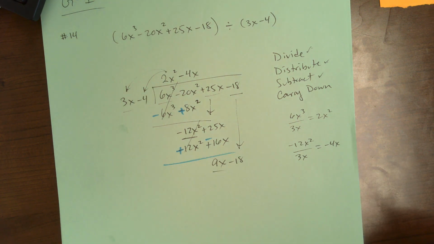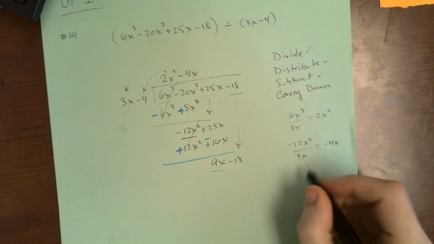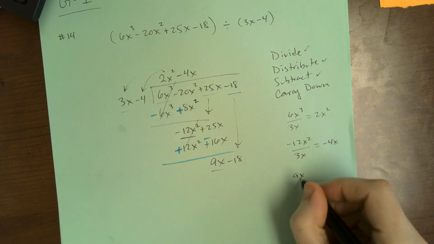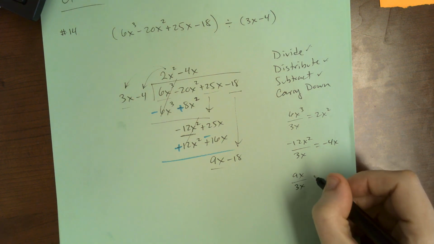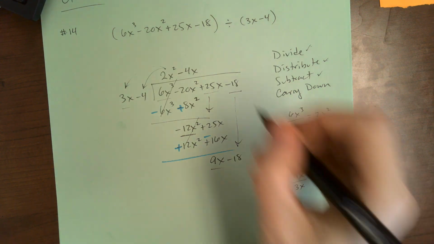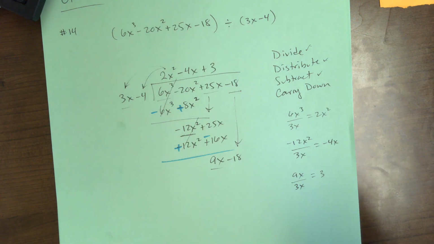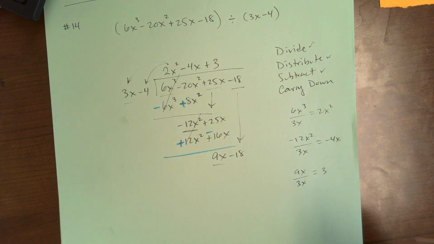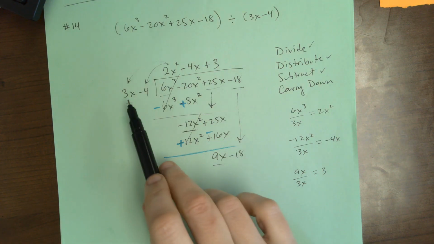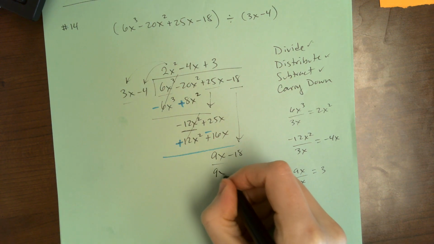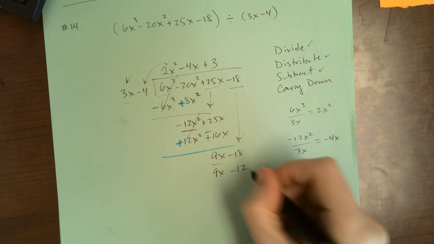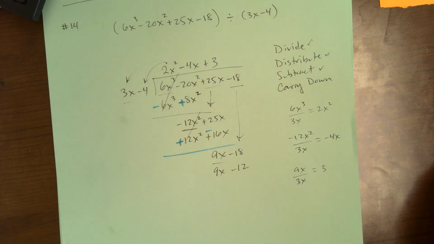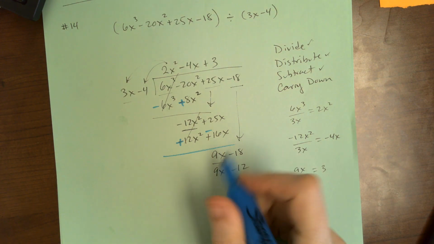I take this first one underneath, divide it by that. So 9x, that's just 3. So plus 3 is at the end, and now I distribute. This times that. Then you subtract.